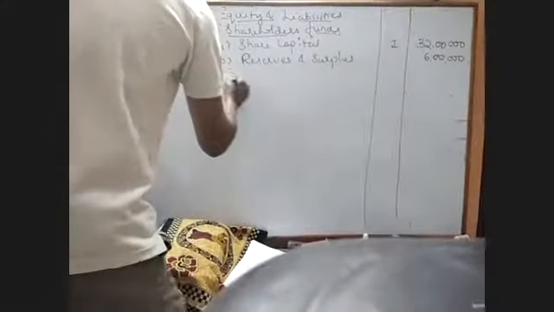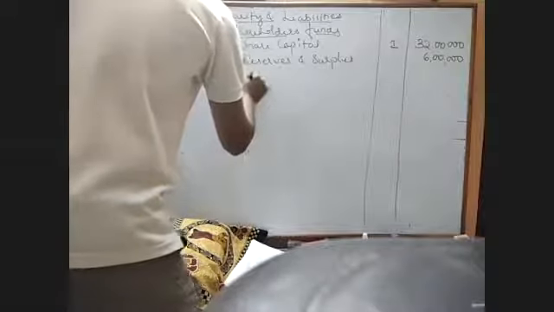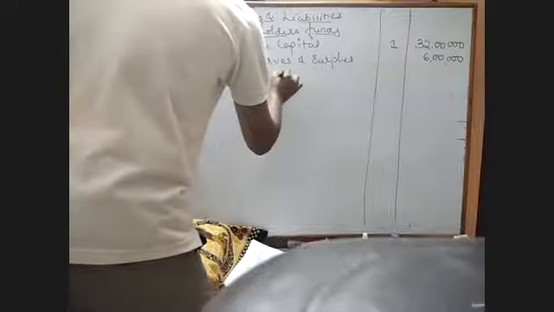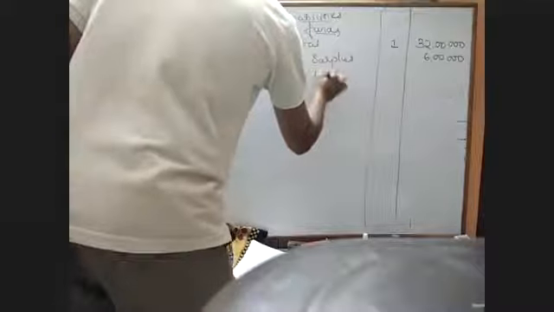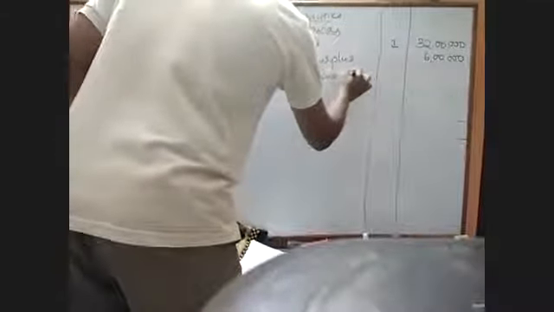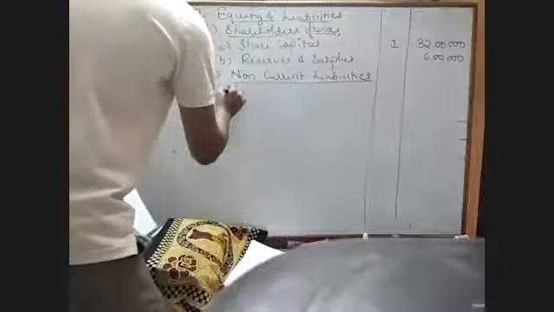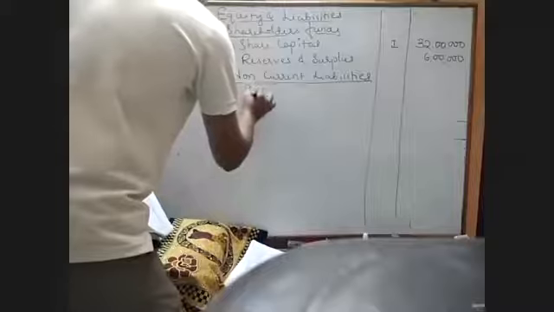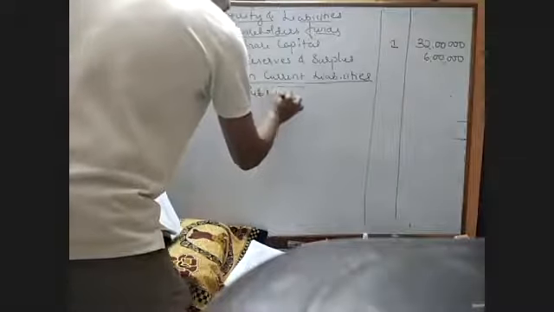Next, number 2, non-current liabilities. Under that, A is, I think there is public deposits.